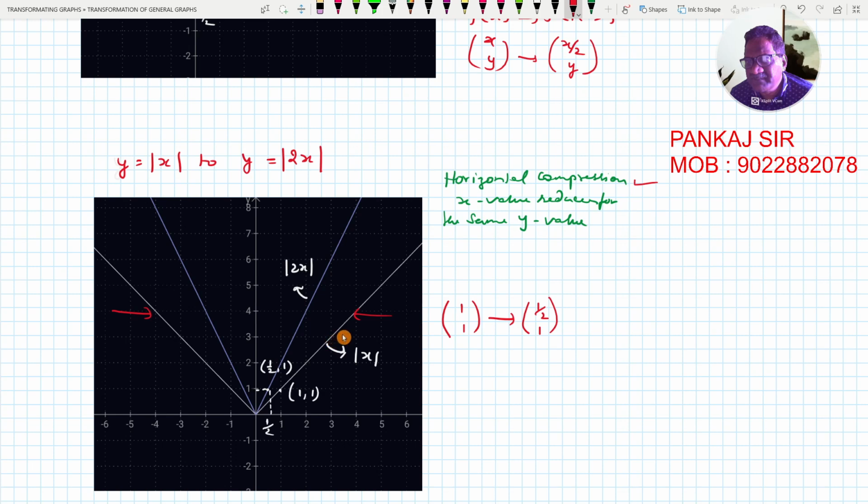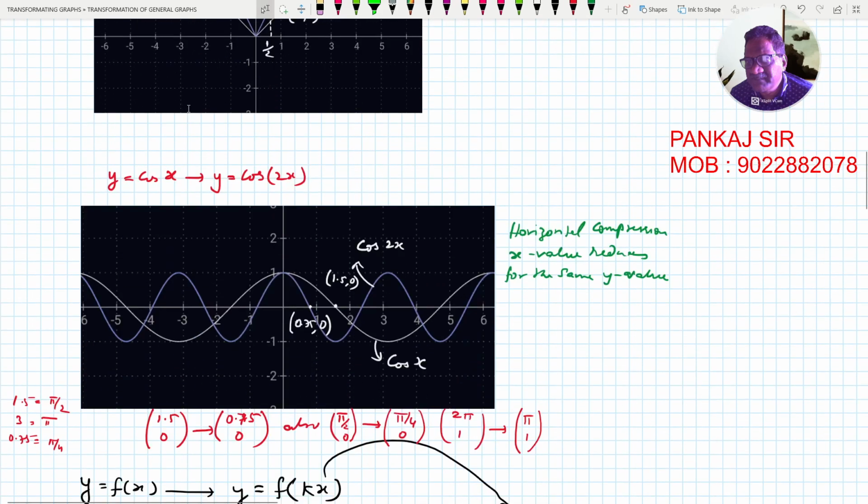I have given you so many examples of horizontal compression. There is one more example, cos x to cos 2x. Again here you can see that the white graph is for cos x and the blue graph is for cos 2x. If you look carefully at this coordinate, the (1.5, 0) is getting converted to (0.75, 0).